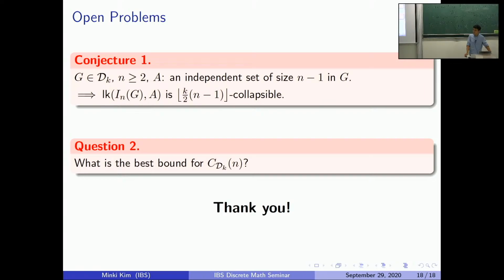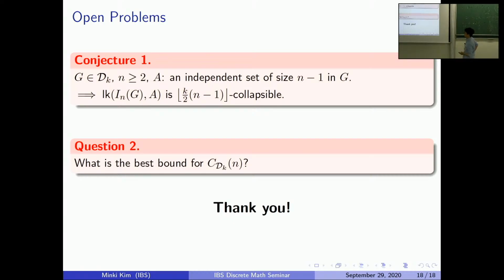Okay, thank you. Any questions? Do you think that the collapsibility number is still (k plus 1) over 2 times (n minus 1) plus 1 when n is small, say n is 4 or 5? Because you say there is an example showing the inequality when n is at least 8 or something. So what happens with small n?